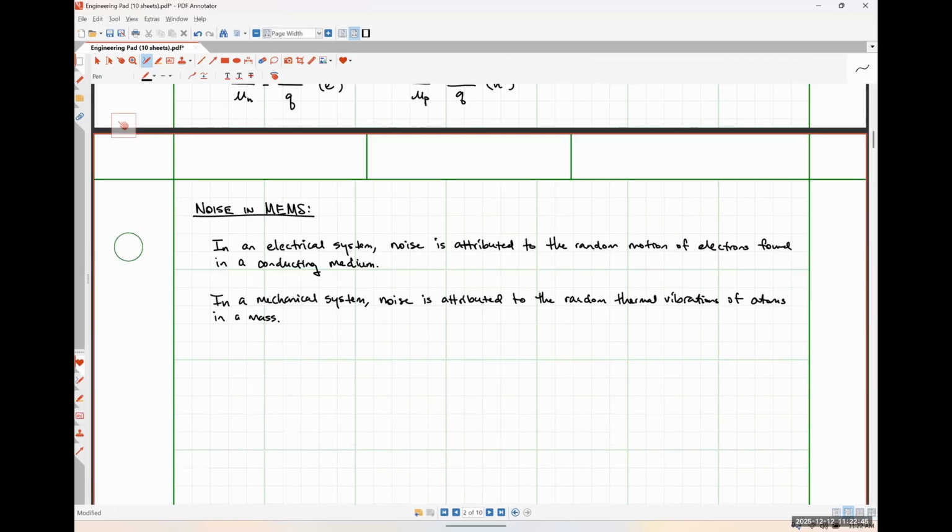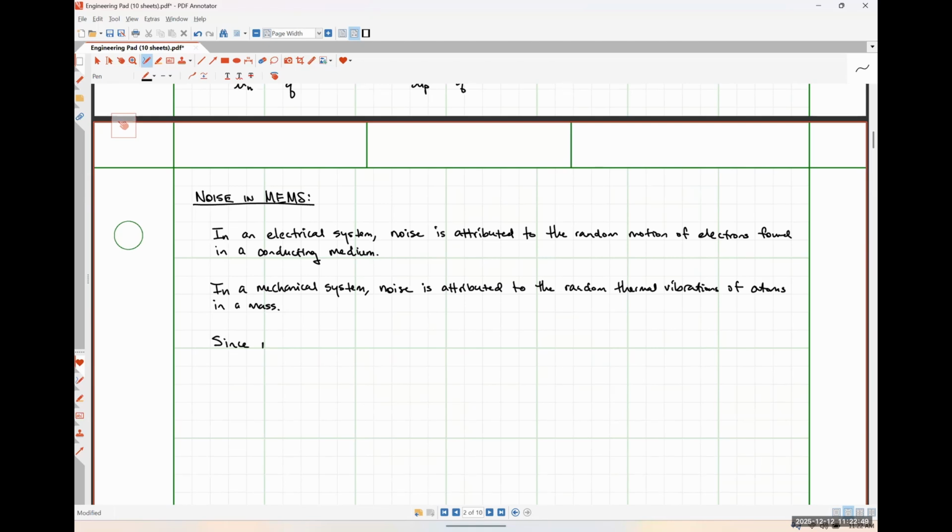So since noise is a random process, the value of noise cannot be predicted at any time, even if past values are known.